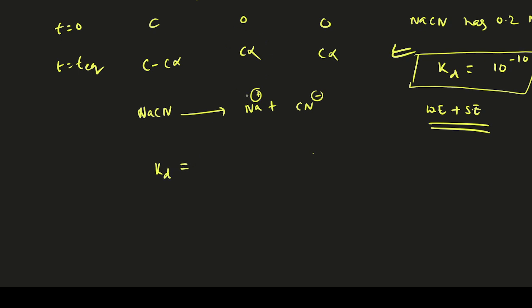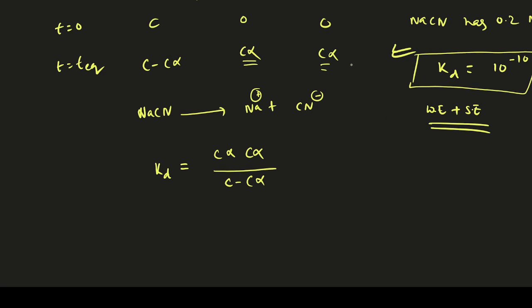How to write it? Concentration of product divided by concentration of reactant. So the concentration of product is C alpha, divided by the concentration of reactant, that is C minus C alpha.